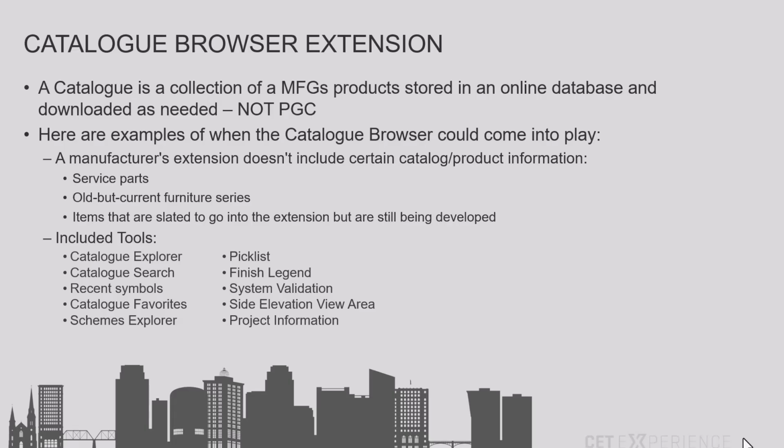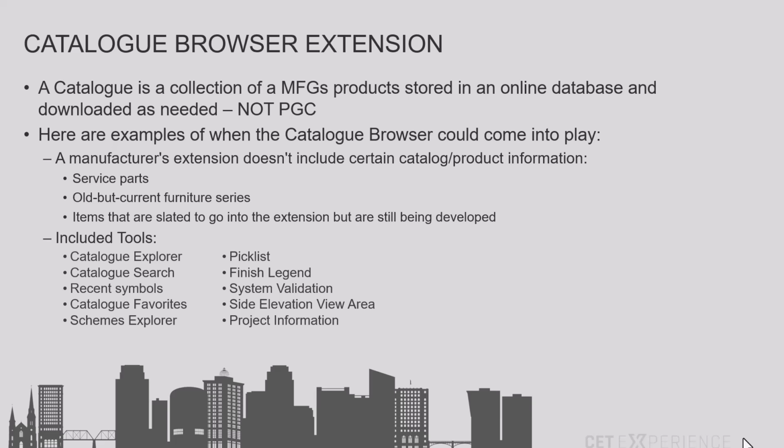There are a few reasons that you may want to use the catalog browser extension. One is that the manufacturer's extension doesn't include specific catalog or product information that you're looking for, so it may not include service parts, whereas the catalog browser catalog may do that.